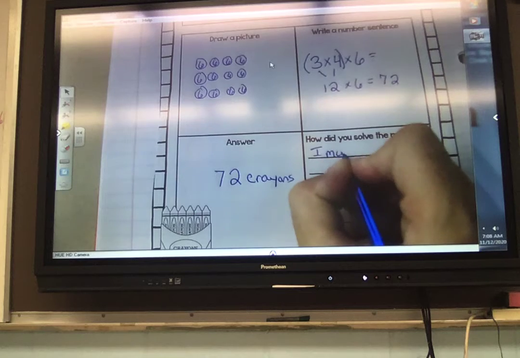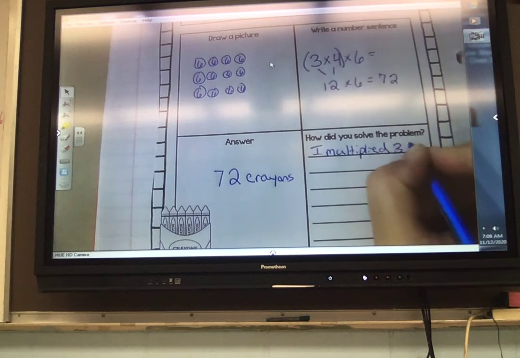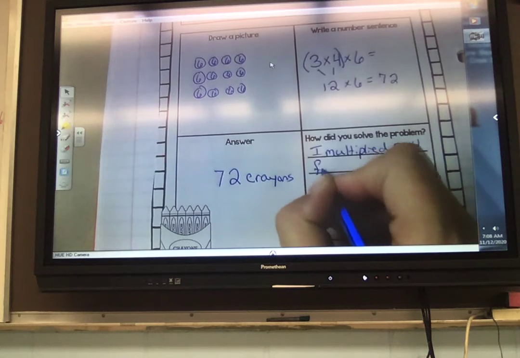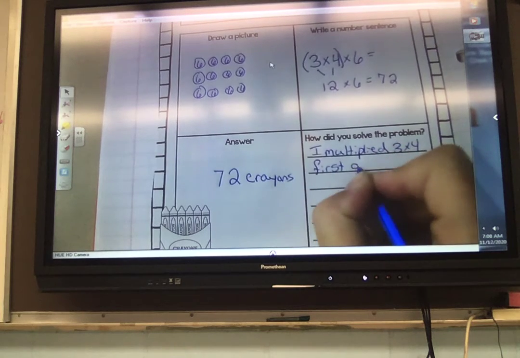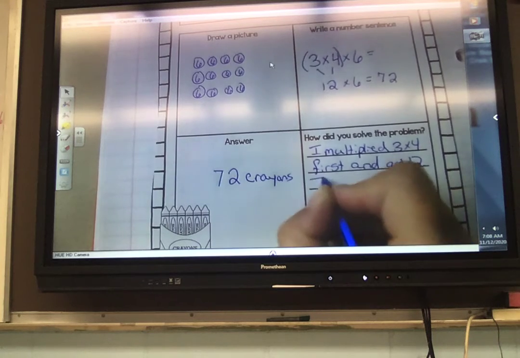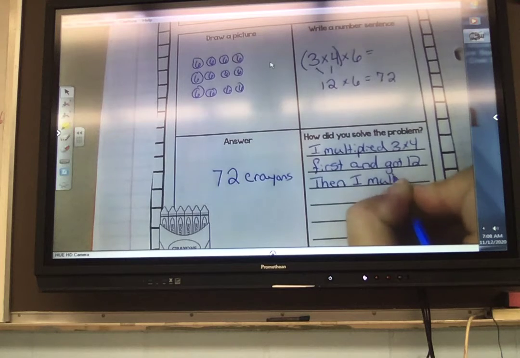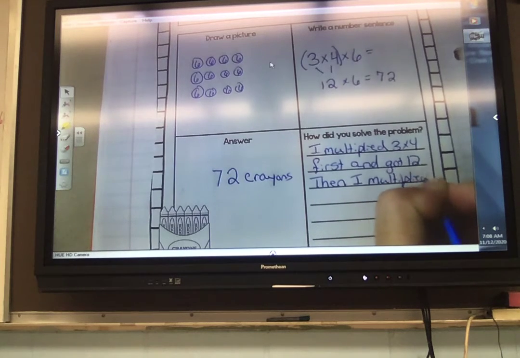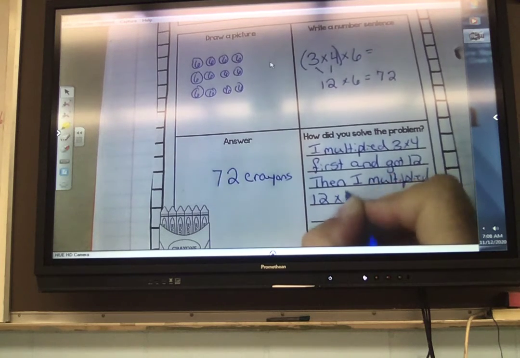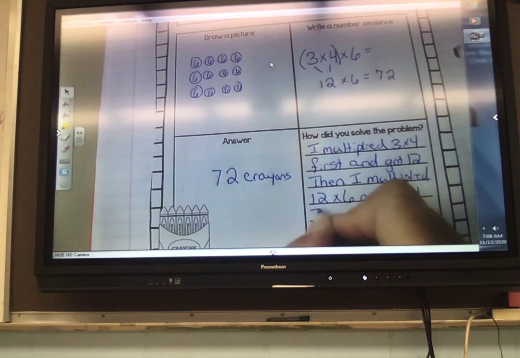I multiplied 3 times 4 first and got 12. Then I multiplied 12 times 6 and got 72.